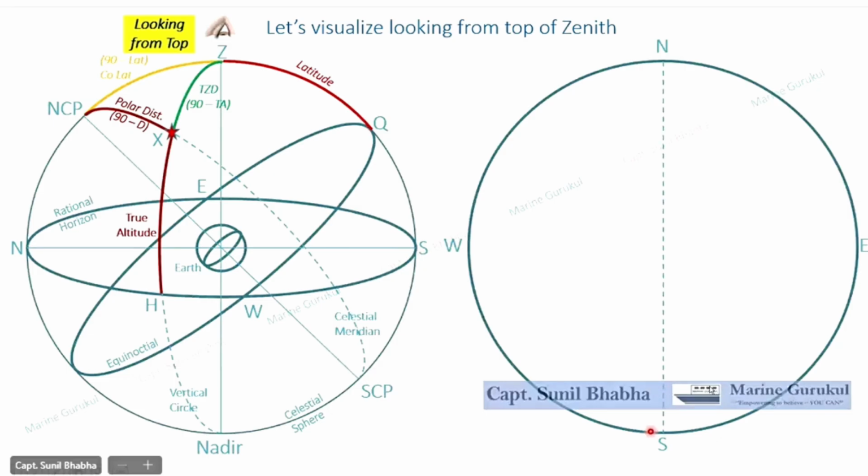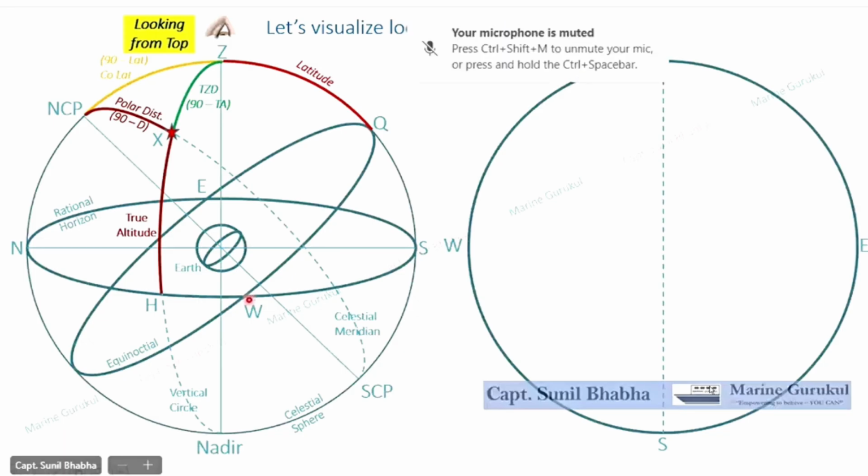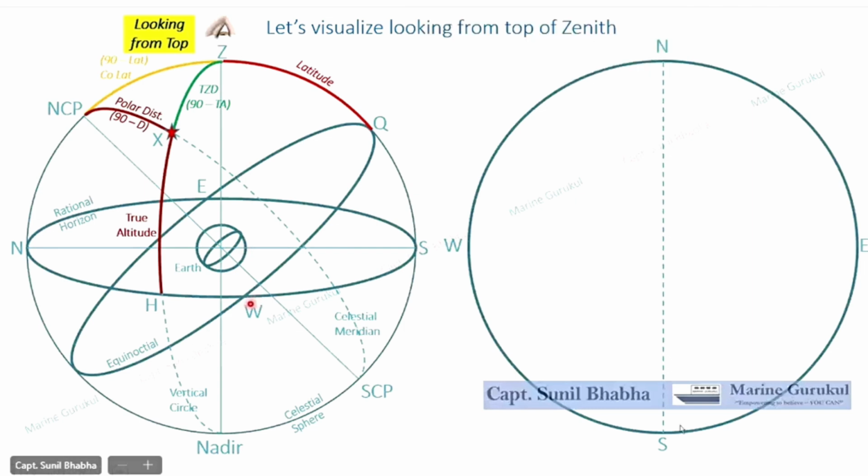Similarly, if you draw a vertical circle which will pass from the zenith and the west point, and also a vertical circle passing from the zenith and the east point, so going from east up to the zenith and coming back to the west point will also look like a straight line when you look at it from top.